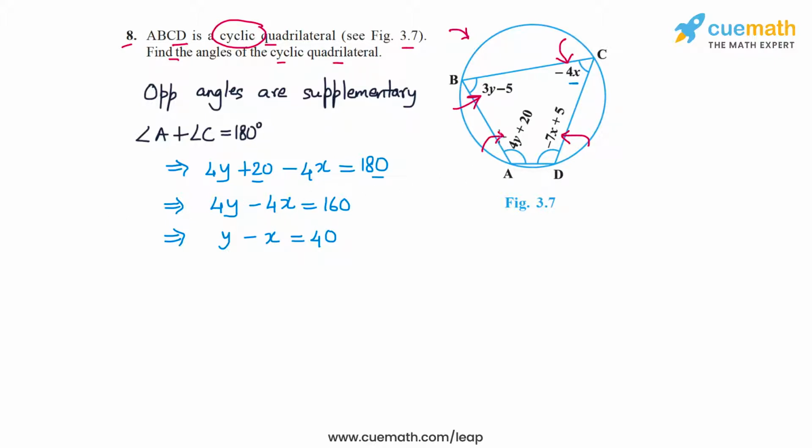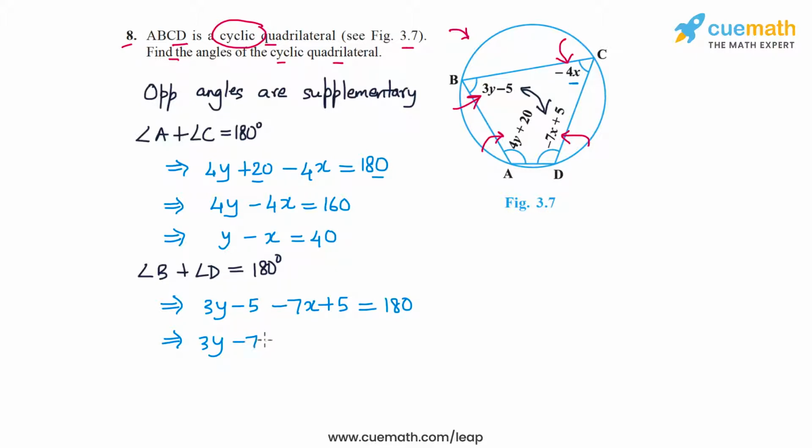Now let's use the fact that the second pair of opposite angles is also supplementary, angle B and angle D. So we have angle B plus angle D. This is also equal to 180 degrees, and this means that 3y minus 5, which is angle B, and then minus 7x plus 5, which is the measure of angle D, this is equal to 180, or 3y minus 7x, and the minus 5 terms cancel out, so this is equal to 180.